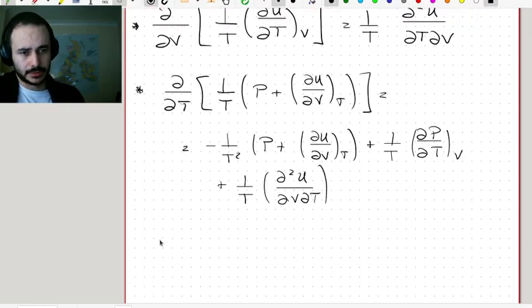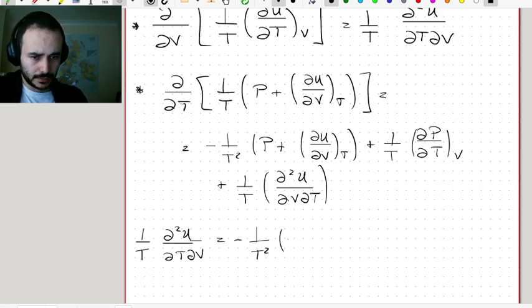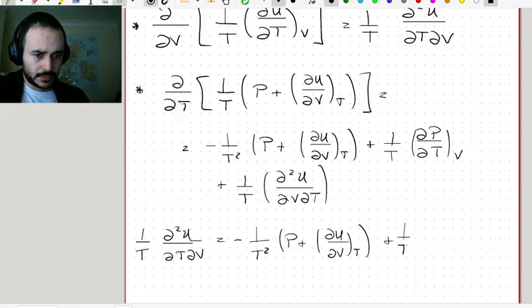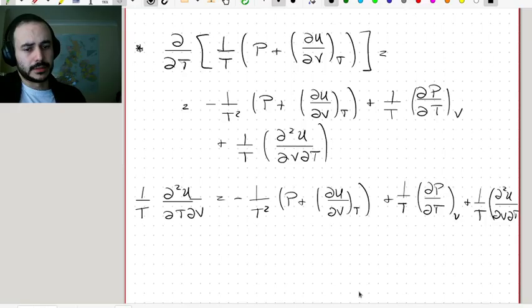So 1 over T second derivative of U with respect to T and V equals minus 1 over T squared of P plus partial of U with respect to V at constant T, plus 1 over T partial of P with respect to T at constant V, and finally 1 over T second derivative of U with respect to V and T. So this is the identity that we arrived at.